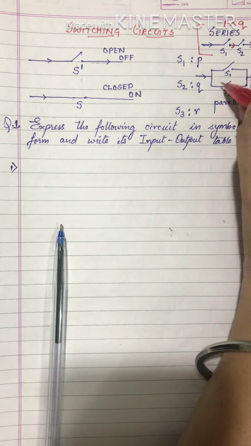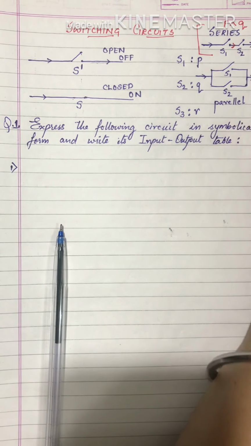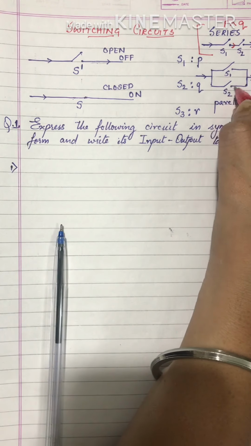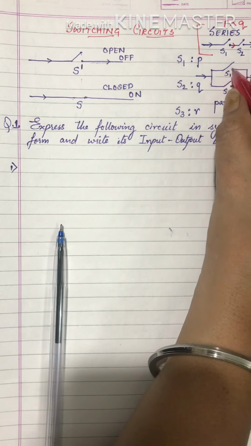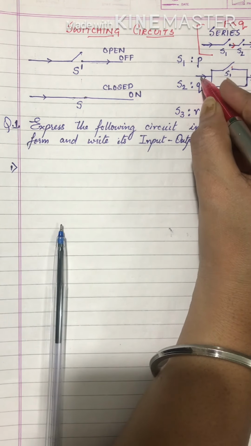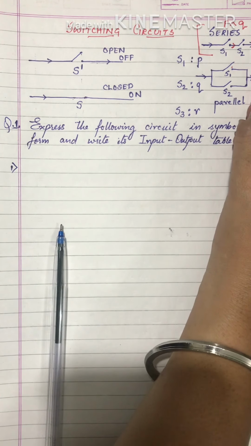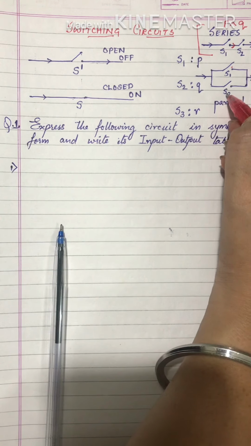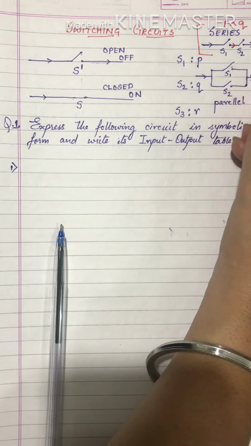Now check out the second condition, S1 and S2 connected in parallel. Suppose S2 is closed and S1 is open. Open means the current won't flow from here, but there is an alternative: current can flow through S2 and reach the other end. Similarly, if S2 is open and S1 is closed, the current can move through S1 towards the other end.